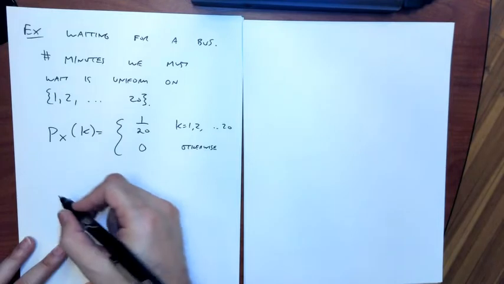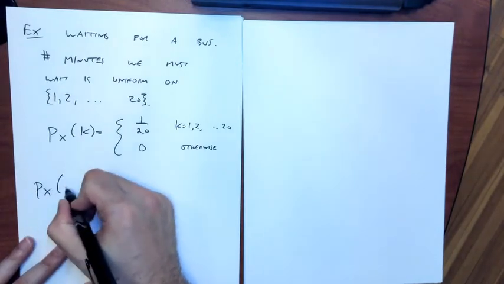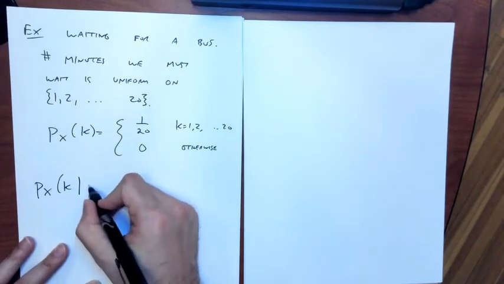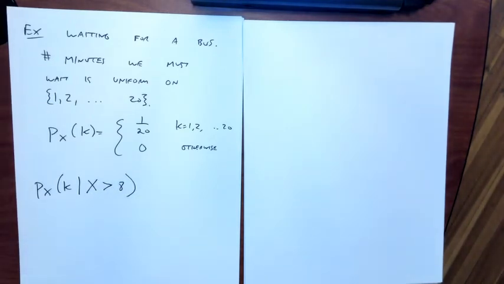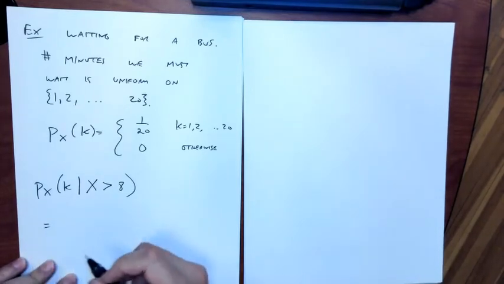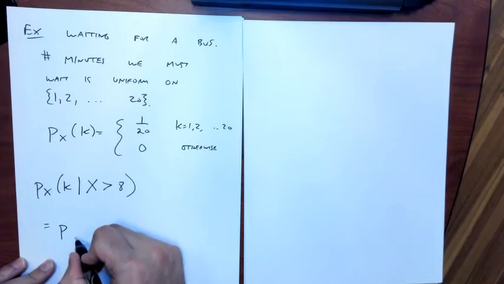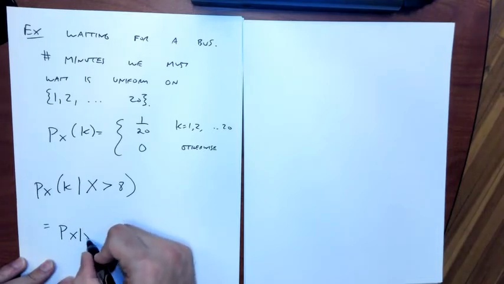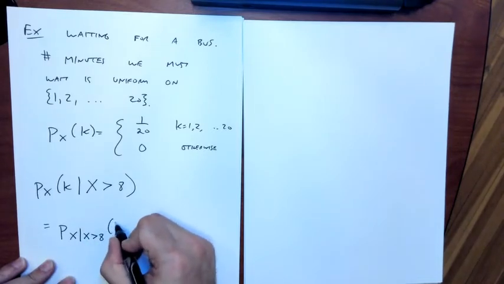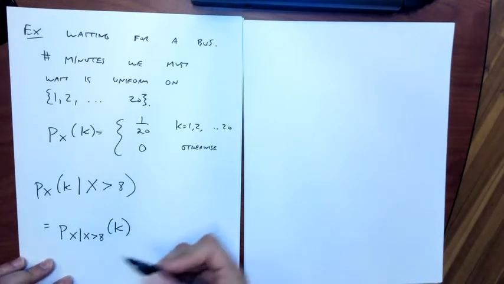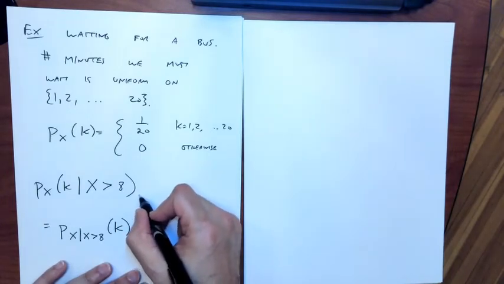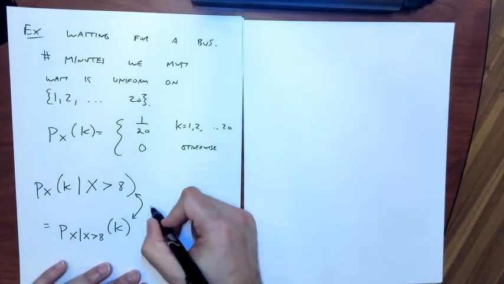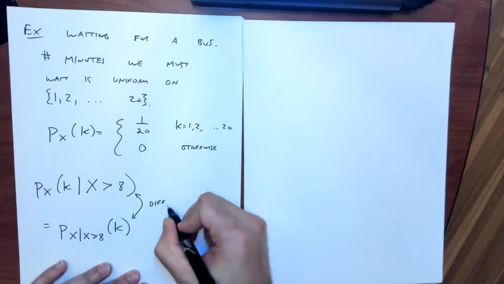And now I could ask, what's the probability of getting a certain value given that I told you it was at least 8 minutes that we waited? Again, I write this out. You also may sometimes see this in a different notation, where you see the conditional in the bottom, for the same idea.